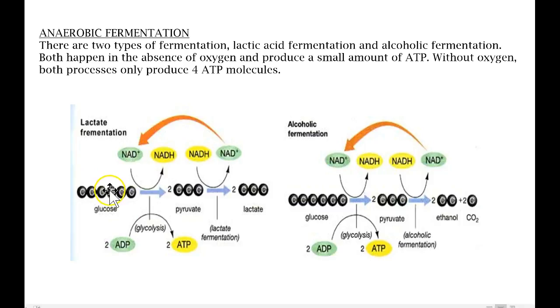Just like we saw in glycolysis, which didn't require oxygen either, when this glucose breaks down, we're going to get electrons and hydrogen ions that will be picked up by our electron carriers, NAD plus and NADH. That NADH is going to be used to convert the 2 pyruvic acids that were produced into lactate.